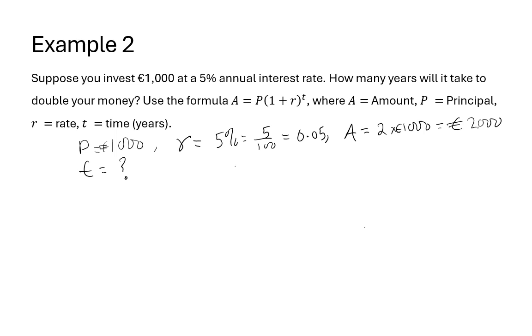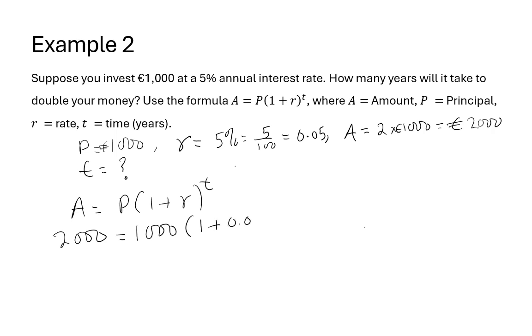So let's substitute this into the formula. Our formula is A equals P times (1 + R) raised to the power of t. Our A is 2,000, our P is 1,000, and R is 0.05. So 2,000 is equal to 1,000 times 1.05 to the power t.